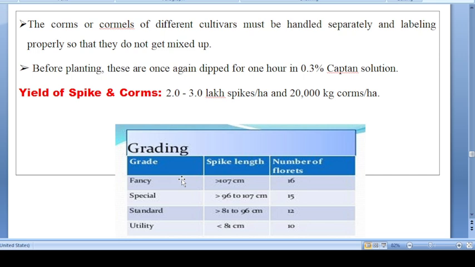Utility is the lowest grade, around only 10 florets. As I said, if there is good management, we can also expect up to 25 florets.